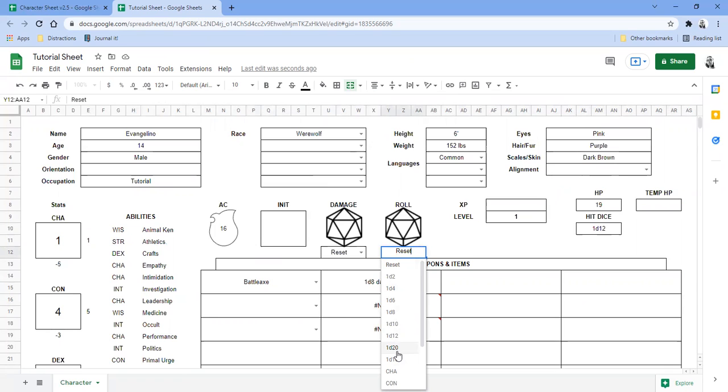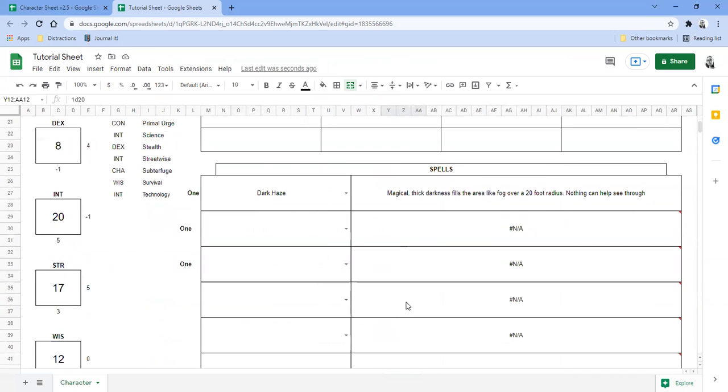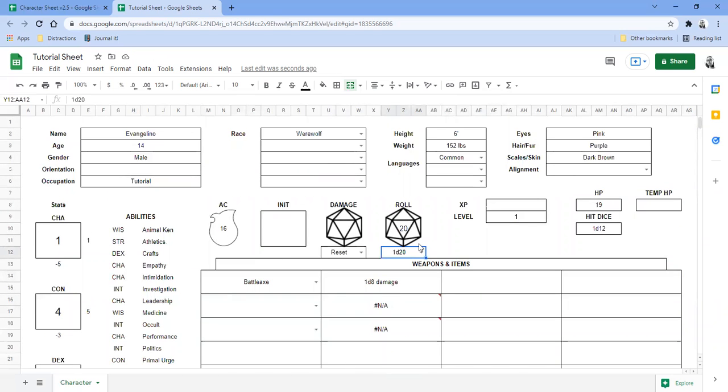And let's see what happens. So you're going to cast this spell. It's going to fill the area with a dark fog. If it works, that 20, it works perfectly. In fact, it may even go beyond a 20 foot radius because it says 20 foot here. Holy crap, the spell works. And then you end it whenever you want.